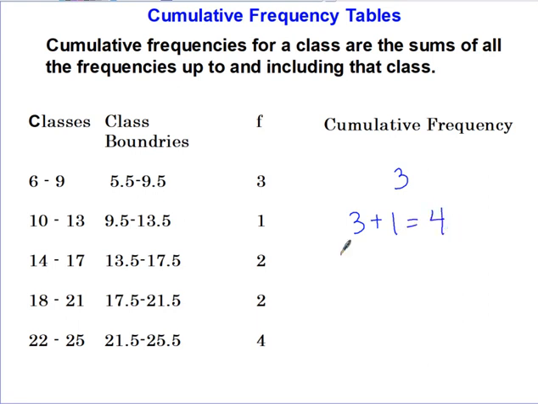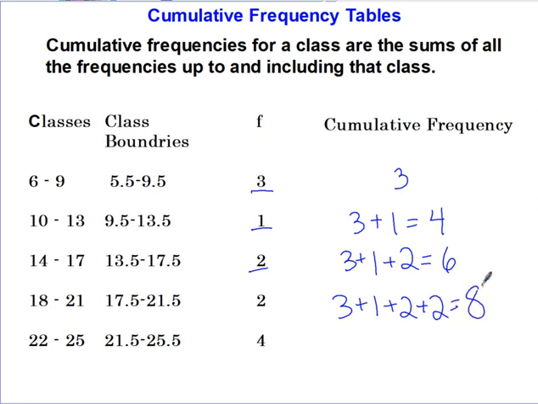The next cumulative frequency would be 3 plus 1 plus 2, which is 6. Then 3 plus 1 plus 2 plus 2 gets 8. And then this 8 plus the additional 4 equals 12.